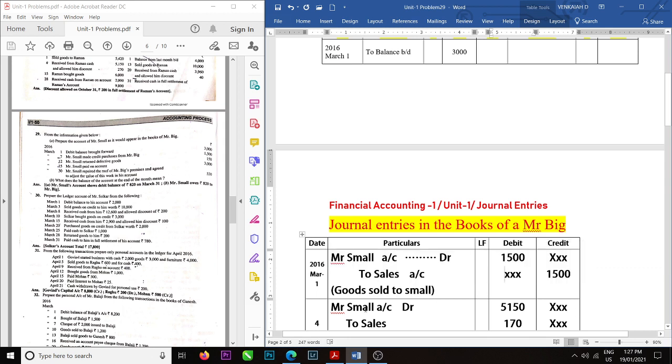This is March 7th. Next date is the 12th. Mr. Small returned defective goods. We received goods. Goods are coming in. Sales returns account debit to Mr. Small account.